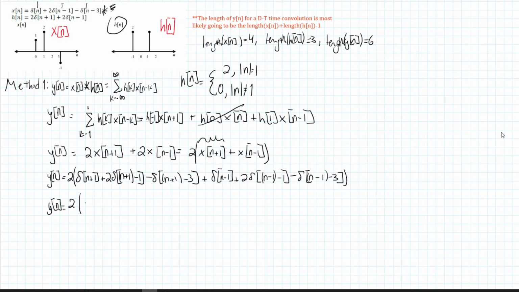We get 2 delta n plus 1 plus n plus 1 minus 1, so 2 delta n minus delta n plus 1 minus 3, so that'll be n minus 2 plus delta n minus 1 plus 2 delta n minus 1 minus 1, so that's n minus 2 minus delta minus 1 minus 3, that's n minus 4.